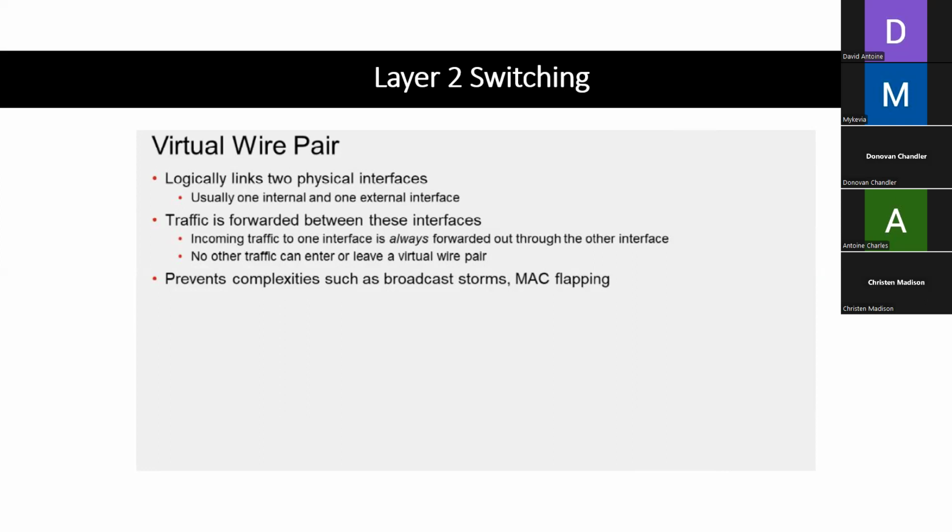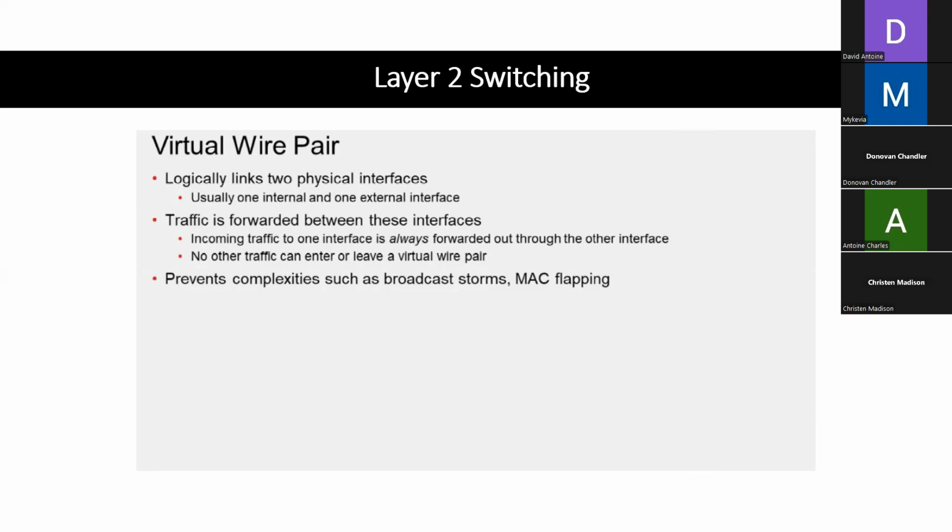But what if you need these two physical interfaces to pass traffic between each other and be part of the same broadcast domain, the same VLAN, for whatever reason?